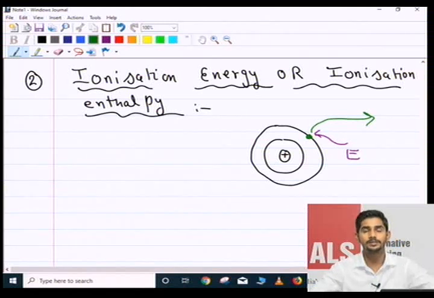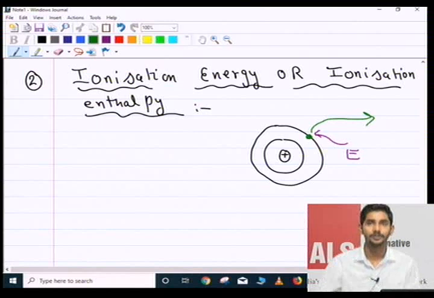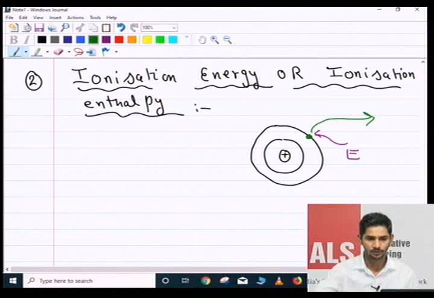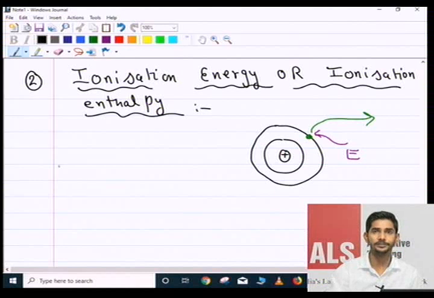So guys, first of all, clear this one: the energy supplied by you to remove the most loosely bonded or outermost electron from an isolated gaseous atom is known as ionization energy or the ionization enthalpy. Now, I'm writing its definition.